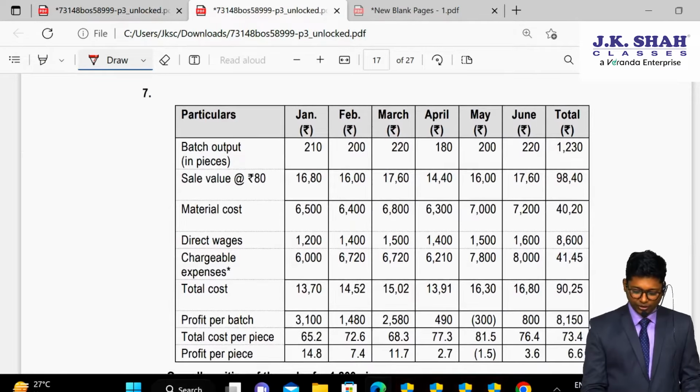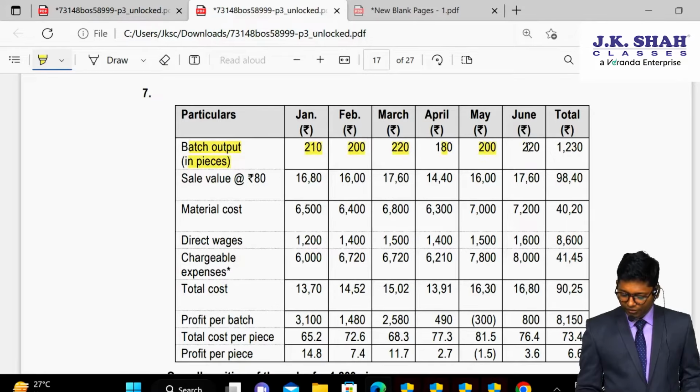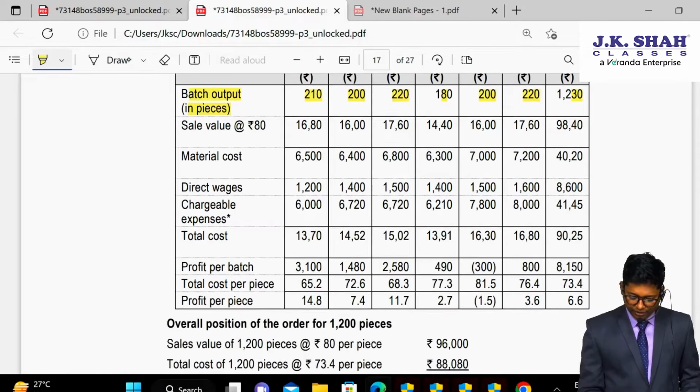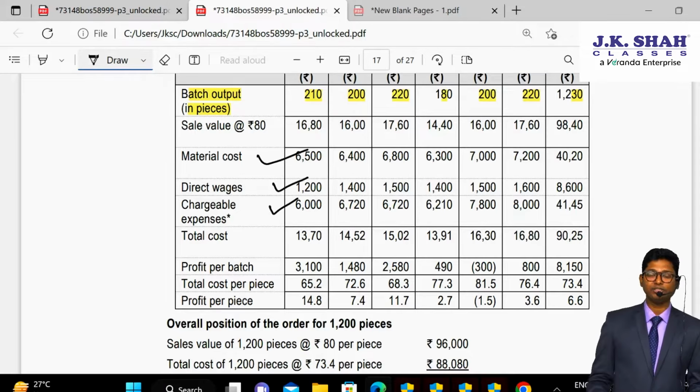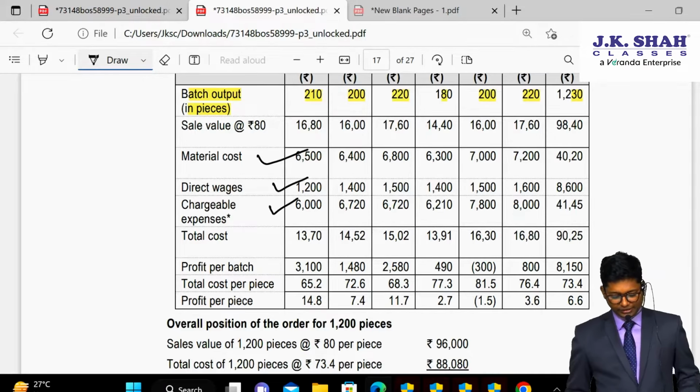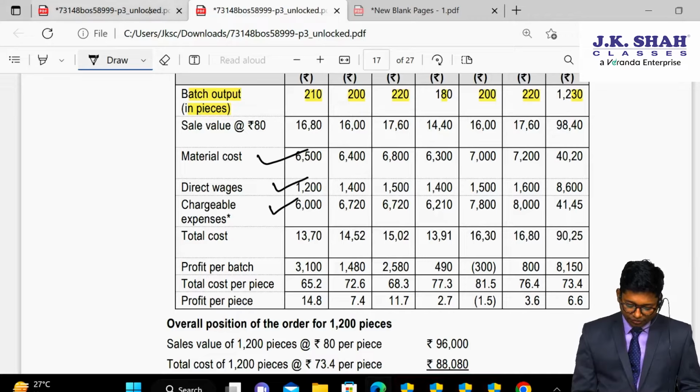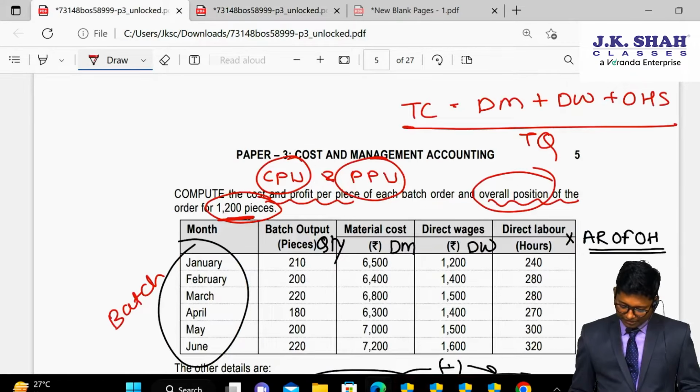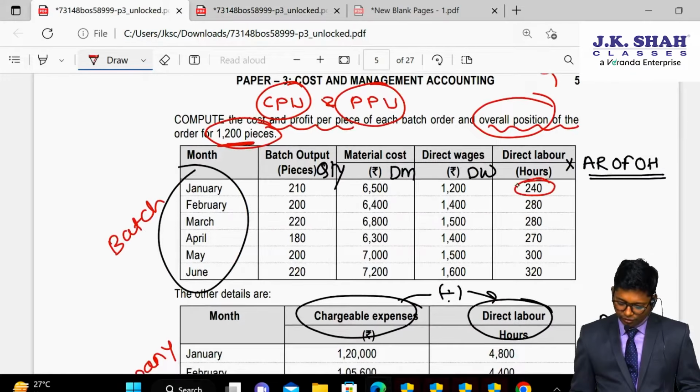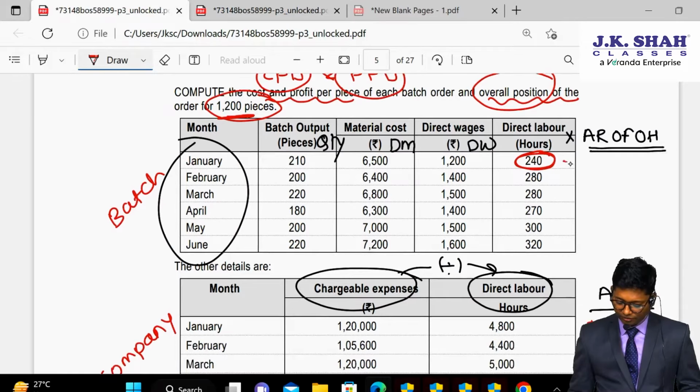Very first, quantities are recorded, this is the batch output, and after recording quantity, they recorded all the material cost, all the direct wages and all the chargeable expenses. Sir, how did they compute the chargeable expenses? Now for the purpose of calculation of chargeable expenses on your batch, you worked for 240 hours in the month of January and the applicable rate is 25.